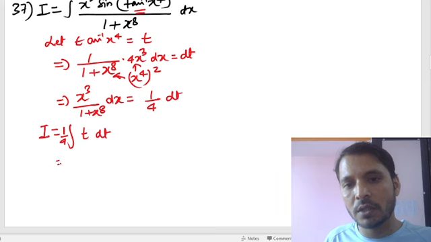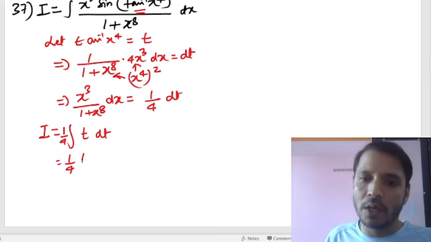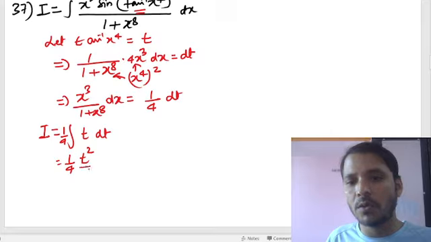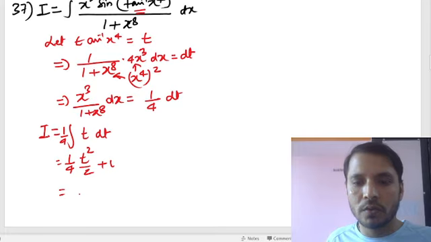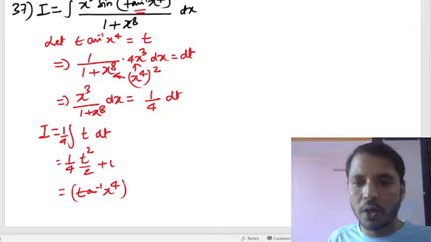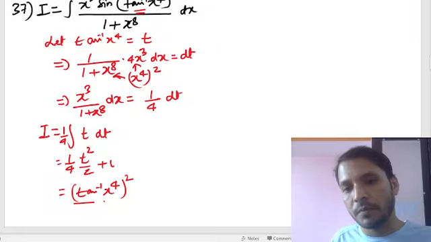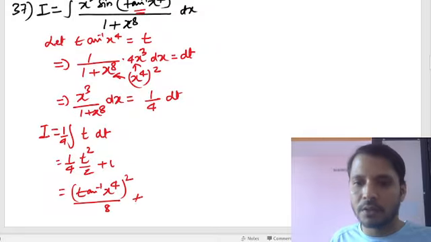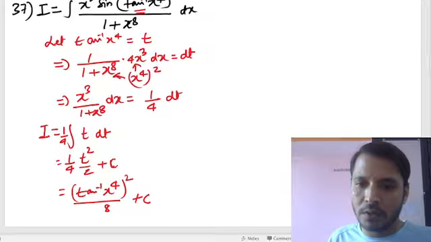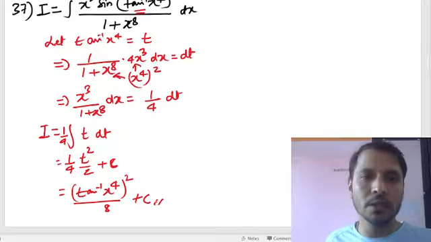The integration becomes 1 by 4 into t square by 2 plus c. Now t is tan inverse x to the power 4, so the answer is tan inverse x to the power 4 whole square divided by 8 plus c. This is the answer of question number 37.